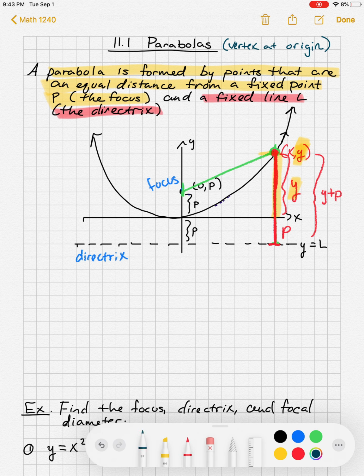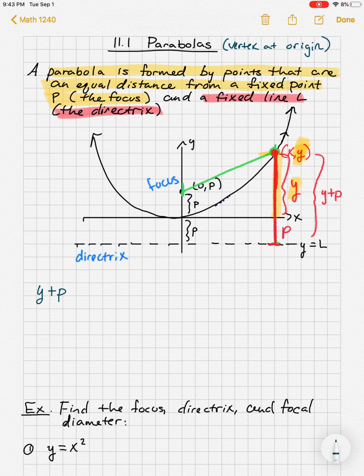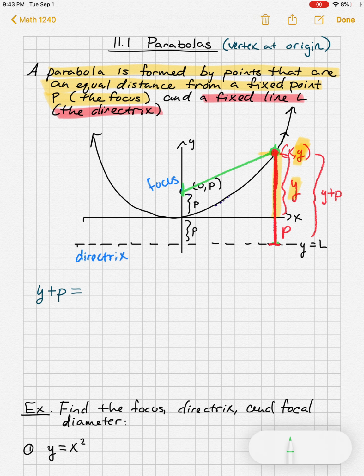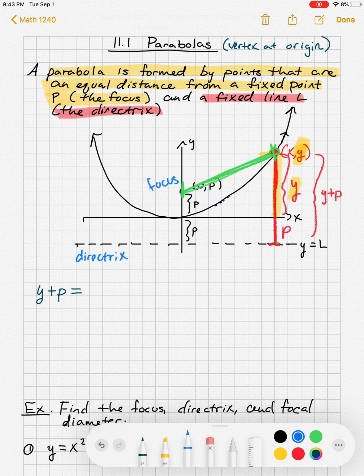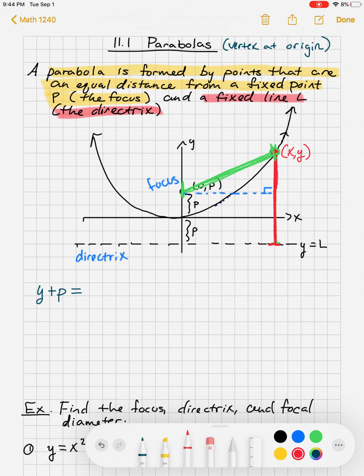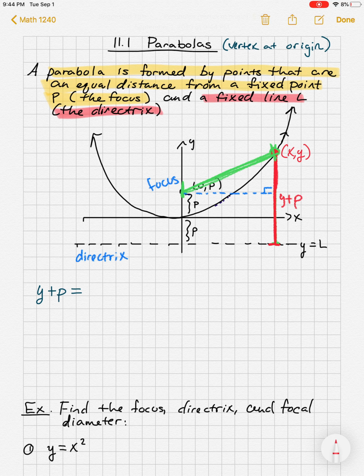So what do I know? I know that y plus p has to be equal to this distance, the green distance here. What the heck is that one? For that one, I need the Pythagorean theorem. Let me clean this up a little bit. This one we already found.